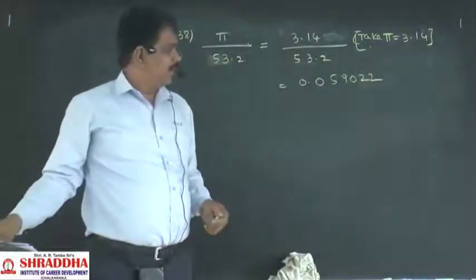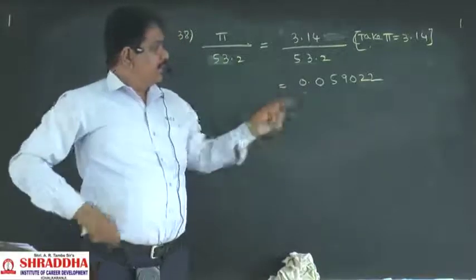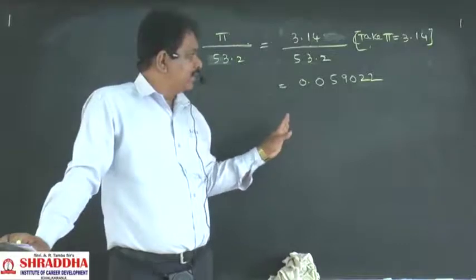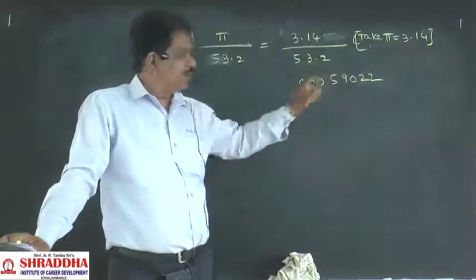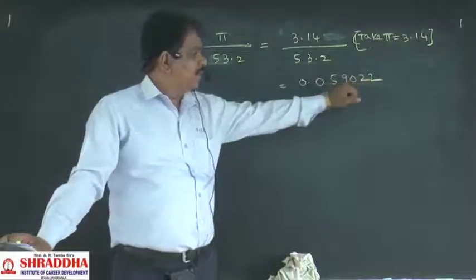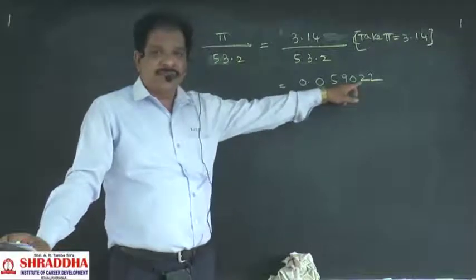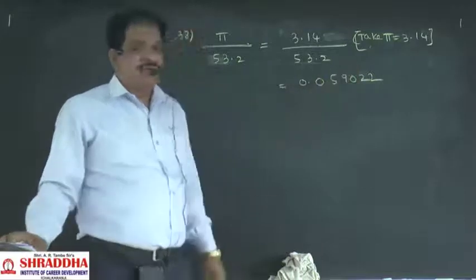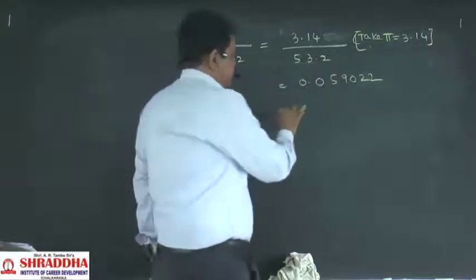Okay. Then the final answer will have how many significant figures? 3 significant figures. Discard this 2. The preceding digit will not change.